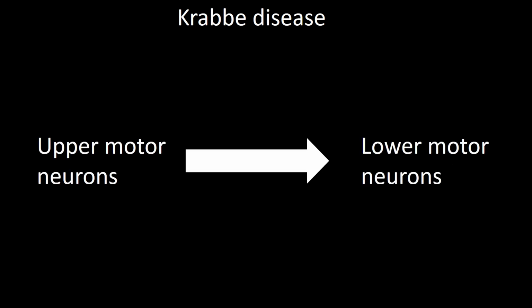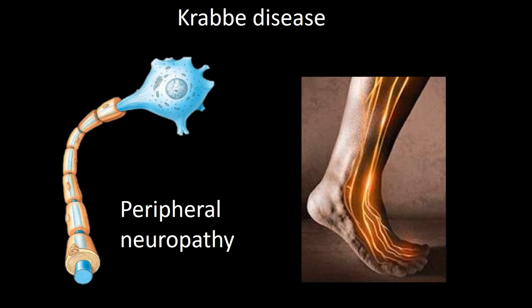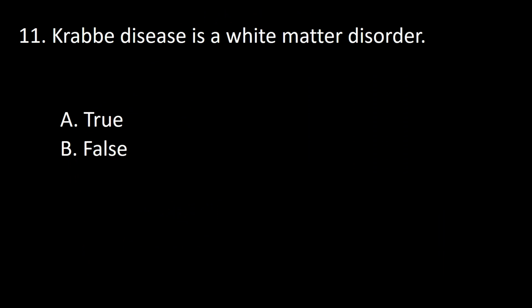As the course progresses in these patients, signs of lower motor neuron deficit appear. More often, this occurs in adults in milder forms, since those with the infant form of this condition usually die a few years after their diagnosis, prior to developing lower motor neuron signs. So the answer to this question is A.